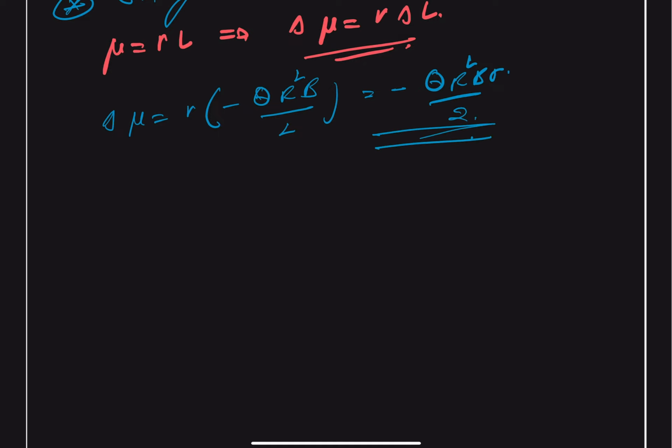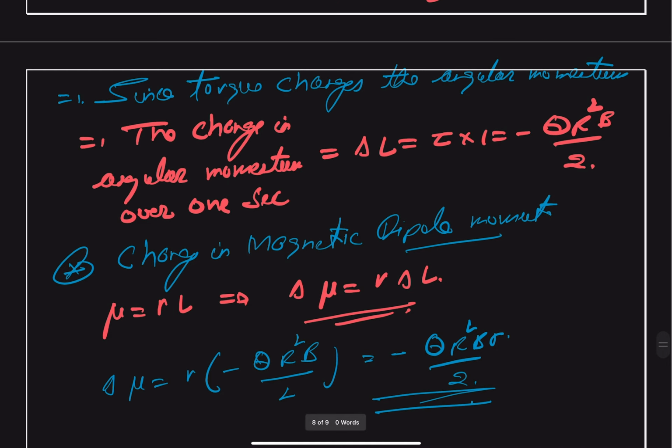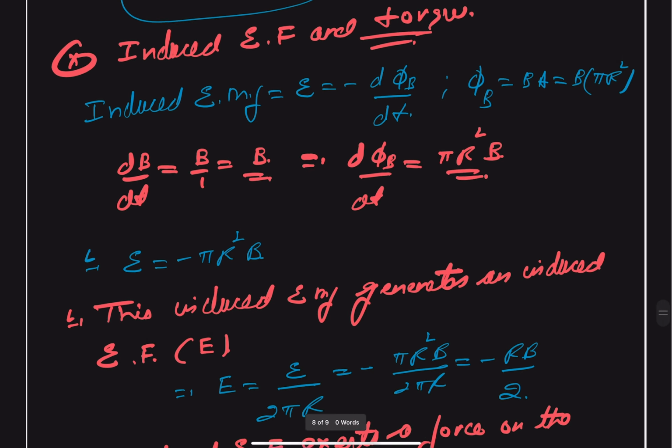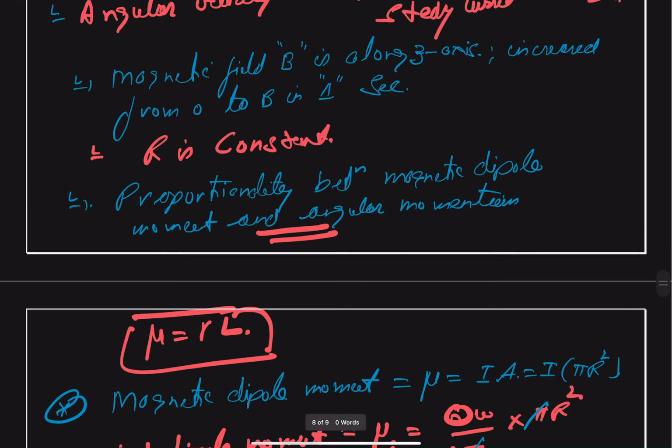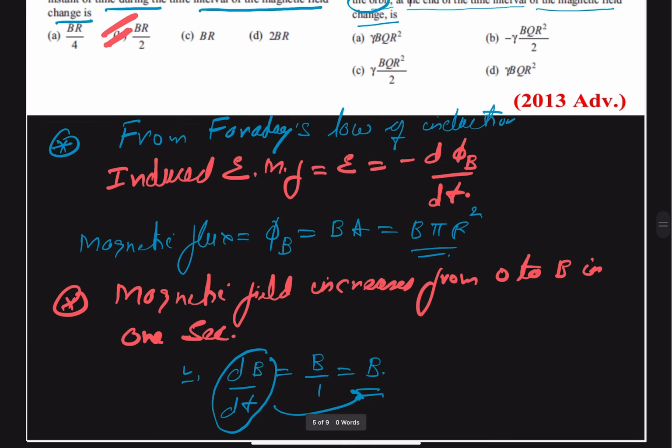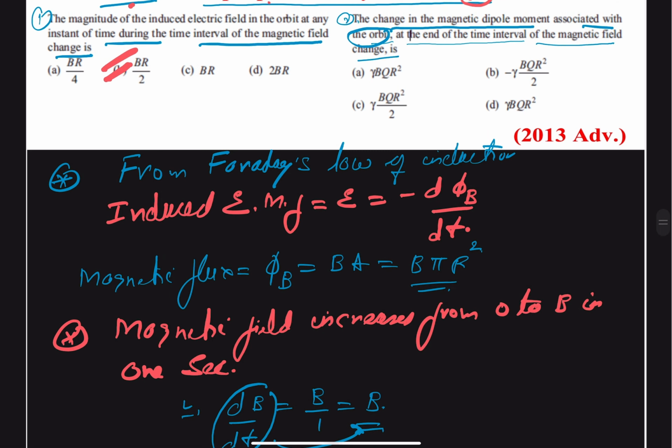So this is the change in magnetic dipole moment as the magnetic field changes from 0 to B in 1 second. And based on this you can see that option number B is the correct one.